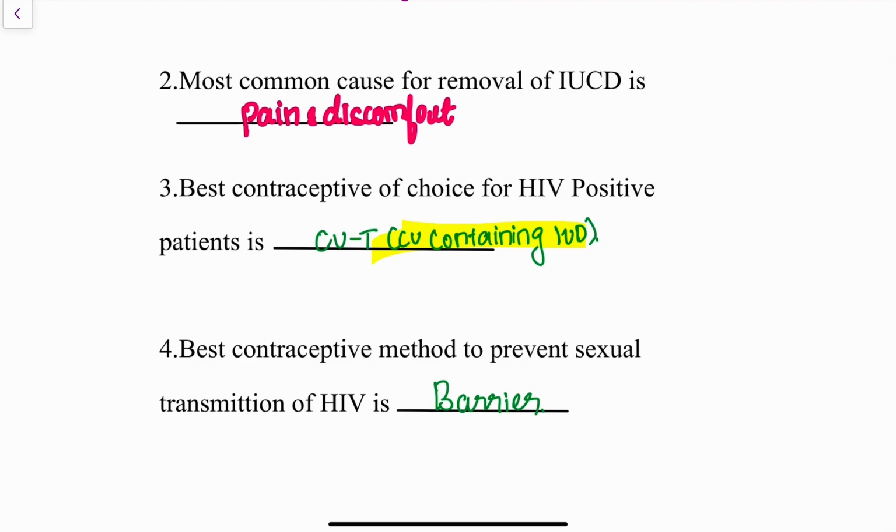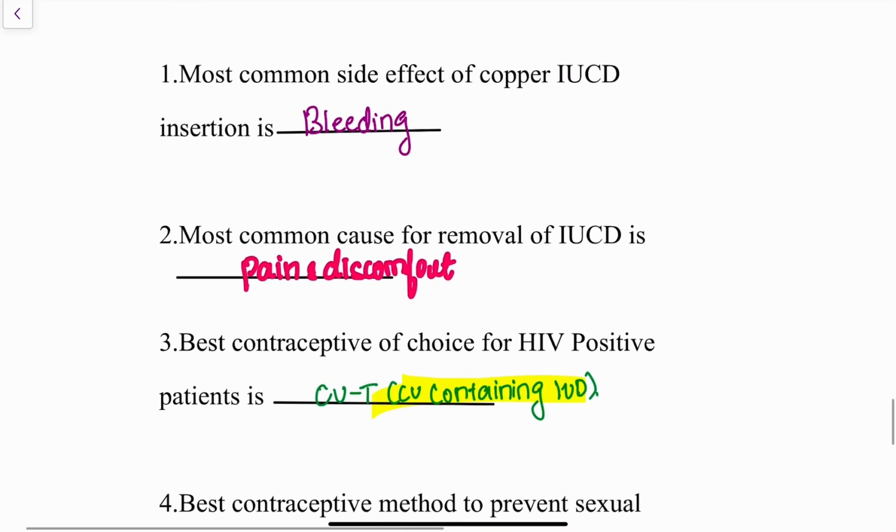If the vaginal secretions are embedded with the infectious agent, it is going to ascend further and lead to sexually transmitted infections as well. So with respect to prevention of transmission, the contraceptive of choice is barrier contraception. Similarly, the best method to prevent the sexual transmission of HIV in HIV positive patients is also a barrier contraceptive, right?